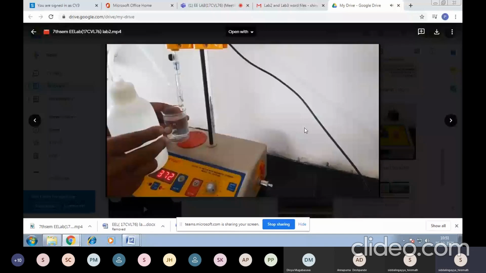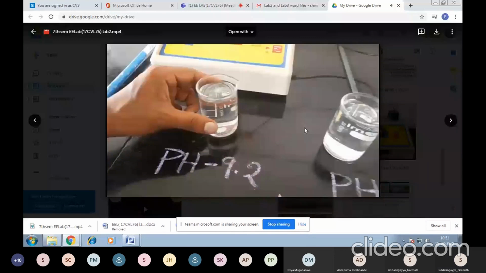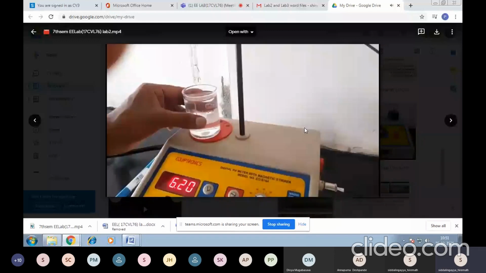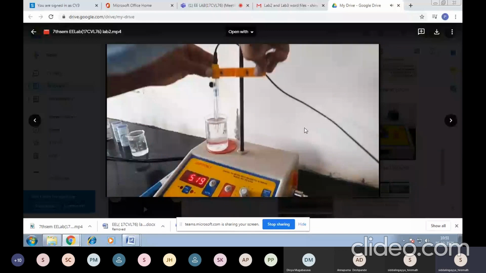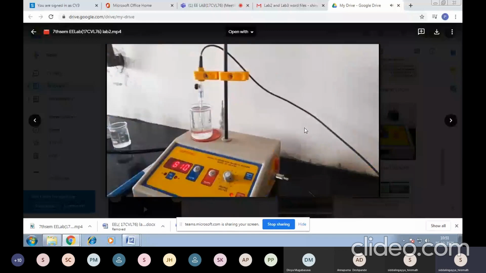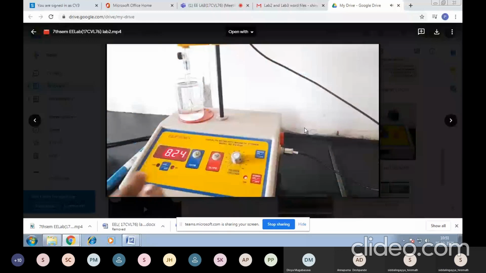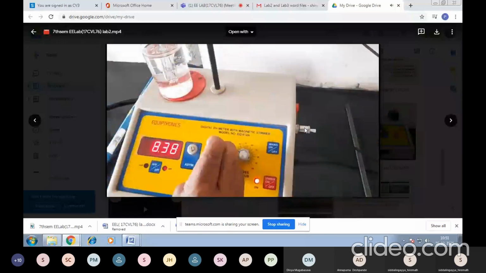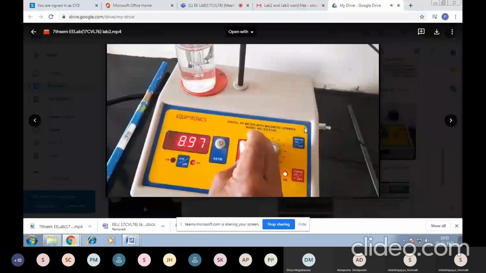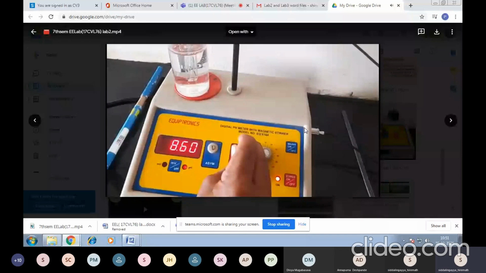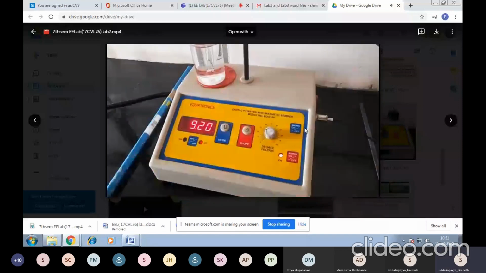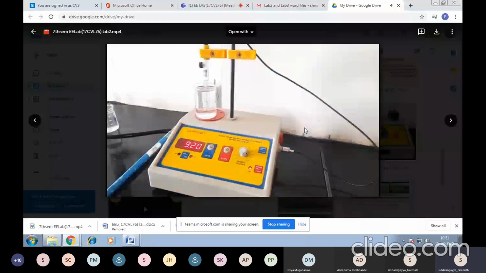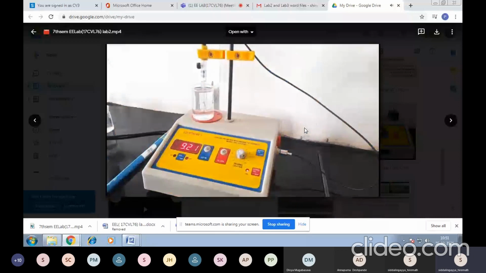Immerse the electrode in the solution of pH 9.2 and adjust the slope knob so that display reads the pH of the buffer and tighten the unit. Now remove the solution of pH 9.2 and wash the electrode with distilled water again.